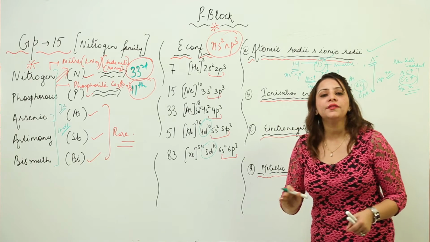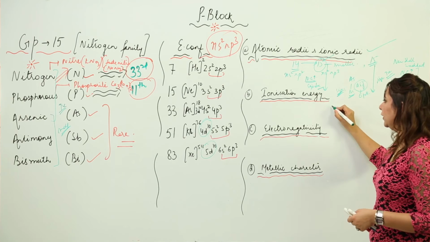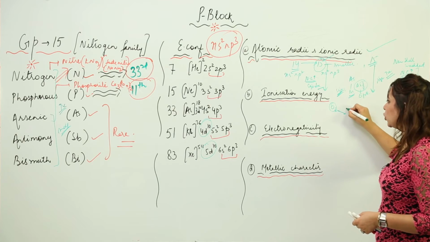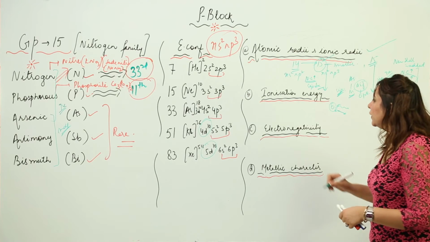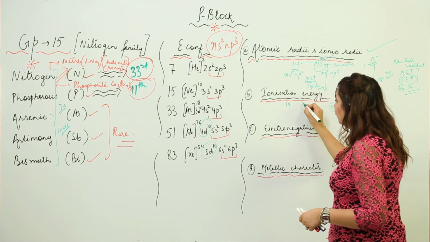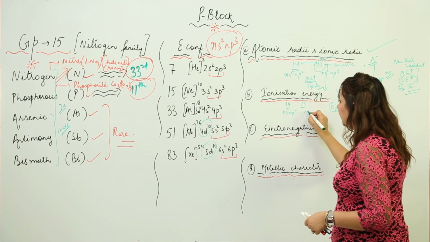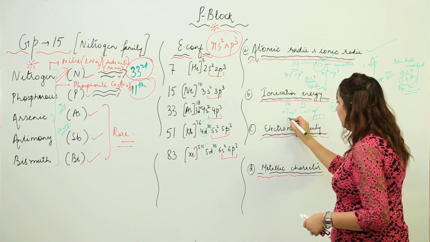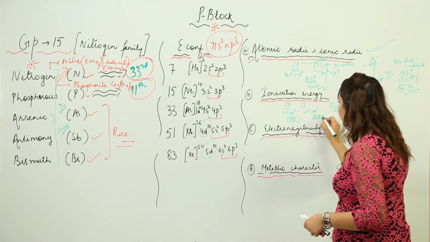When we talk of ionization energy, you know that whenever we have an electron here and I need to remove this electron, I need to supply it with certain energy, and that is ionization energy. So if we compare the ionization energy of groups 14 and 15 first, we will see that here the configuration is ns2 np2, and here it is np3. So if I make the p orbital, they have 2 electrons, but here they have 3 electrons.